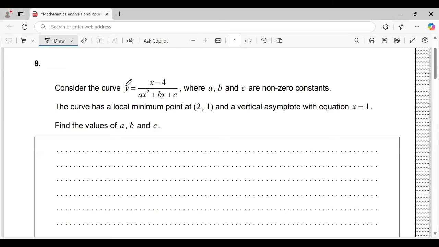Consider the curve y equals x minus 4 over ax squared plus bx plus c, where a, b, and c are non-zero constants. The curve has a local minimum point at 2, 1 and vertical asymptote with equation x equals 1. Find the values of a, b, and c. The curve function is y equals x minus 4 over ax squared plus bx plus c.